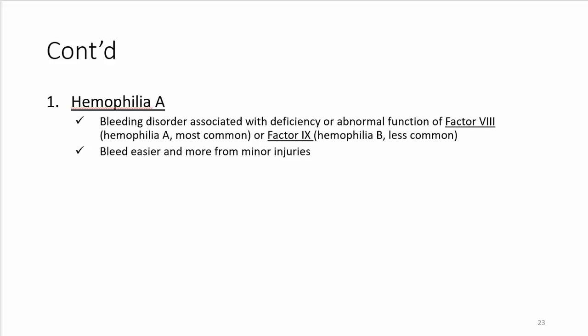So the son of the Tsar of Russia had it. It runs in those royal families because of it. Another common one here is Duchenne's muscular dystrophy, which we've already talked about.